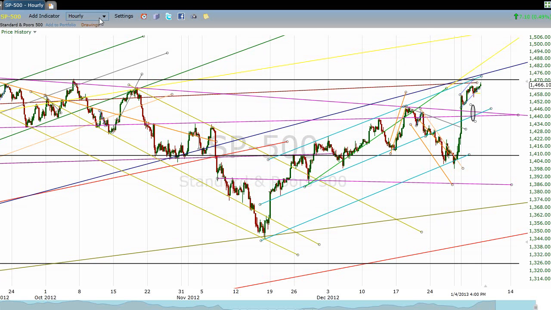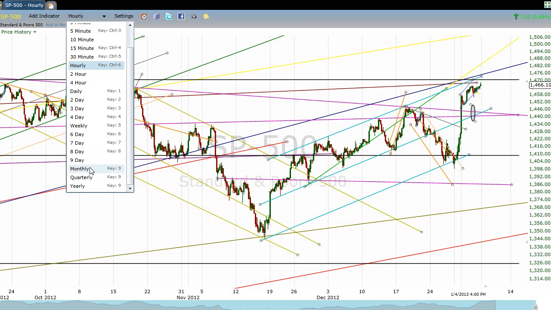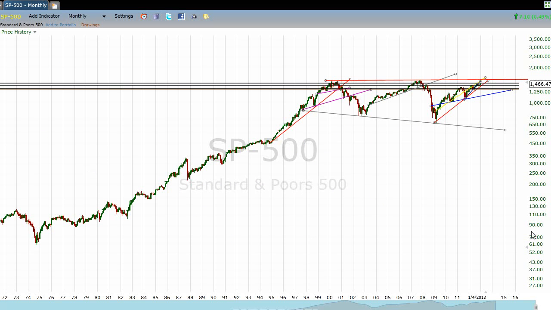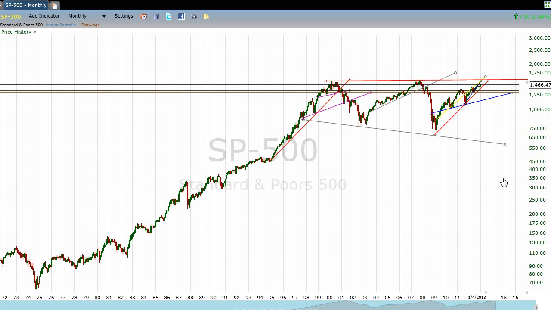Okay, and again, if you look in the big long picture of things, that would essentially be taking us back to this top red line where the S&P was in 2000 and where it was again in 2007.